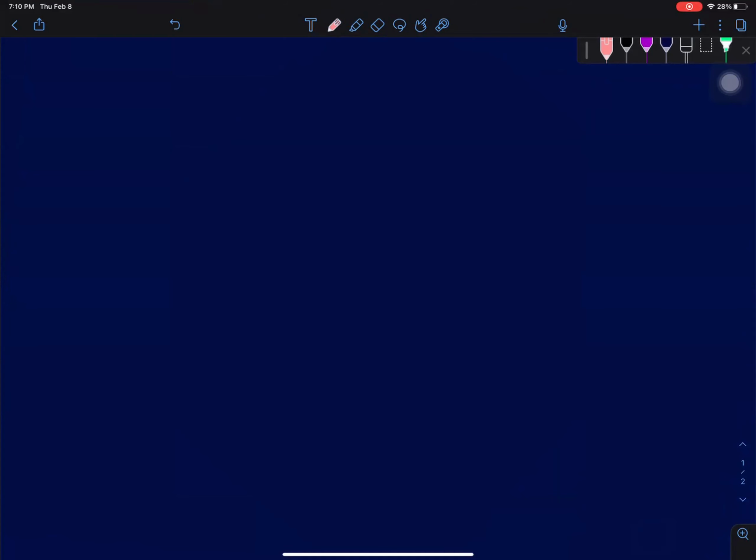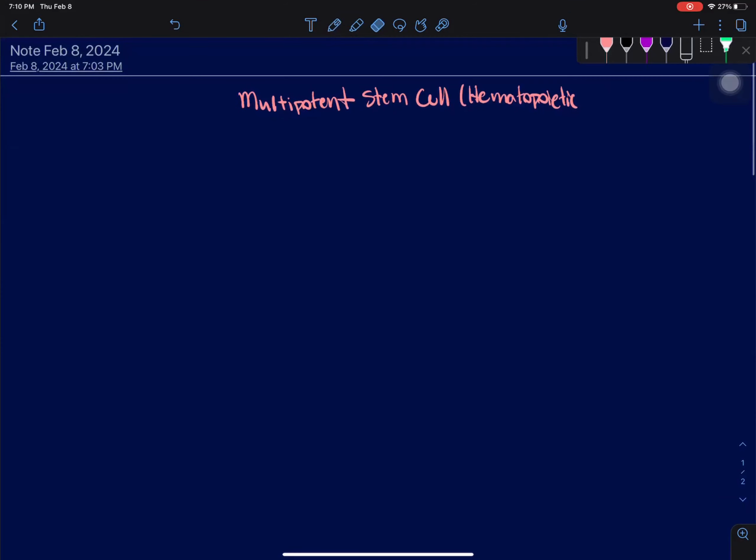We're gonna start at the multipotent stem cell, and it's hematopoietic. So it starts here, right? And we're gonna move on to two different lineages.